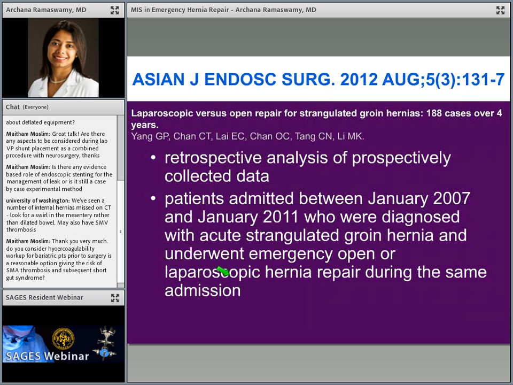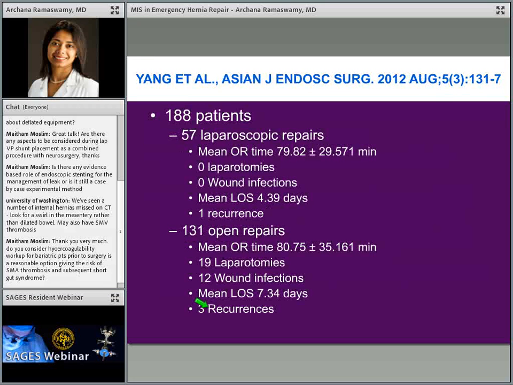This is looking at a retrospective analysis of prospectively collected data of 188 cases over 4 years of strangulated groin hernias where they treated them either laparoscopically or open. And these were patients who underwent emergent surgery for this during the same admission. There were significantly more open repairs, as you can see here, compared with the laparoscopic repairs.